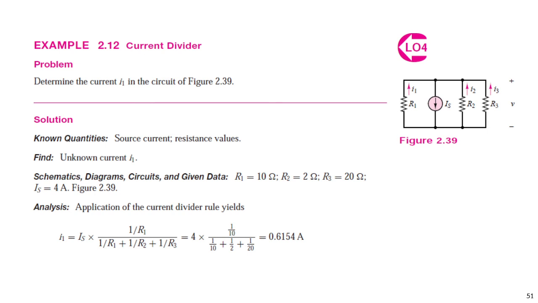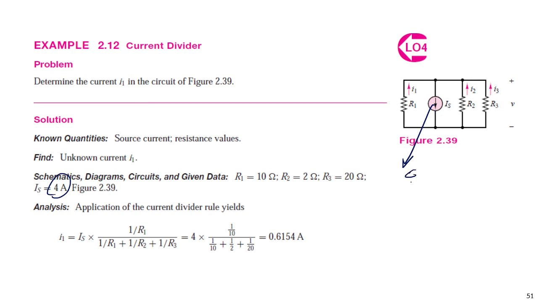Okay. Then I think this example you can also go through by yourself again. It's not difficult yet. So in this example we can compute I1, I2, I3. This is IS, and IS is 4 amp.